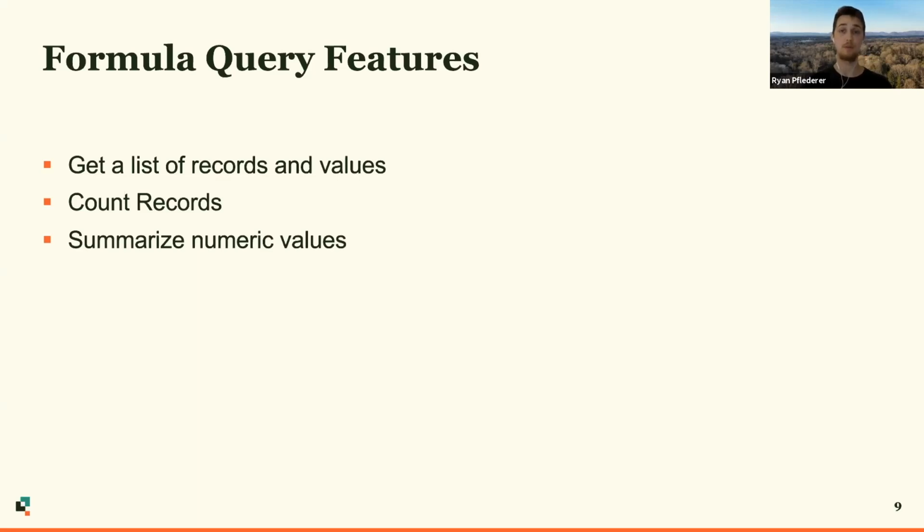We can count the number of records that are returned within that query. And then we can also summarize values. So if we're pulling a numeric field, we can summarize across however many records are returned within that query, and we can get that summarization of all of the values that were returned there.